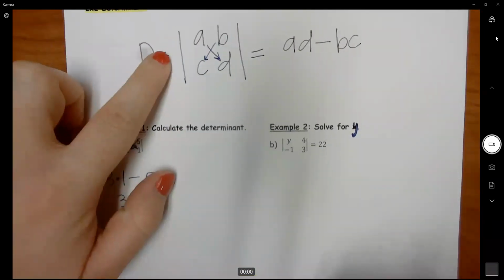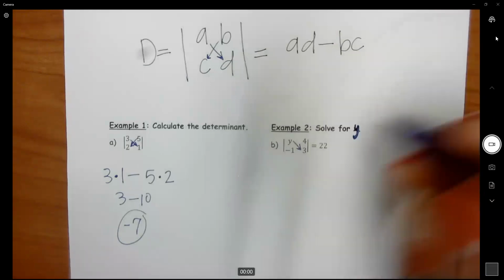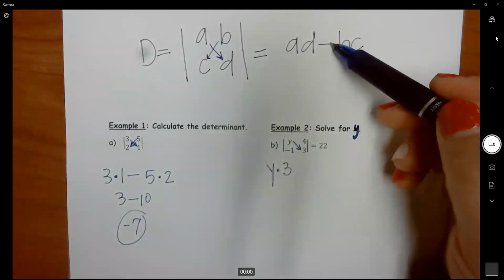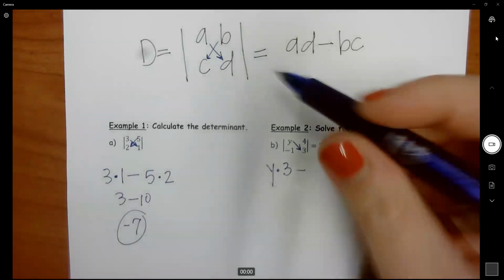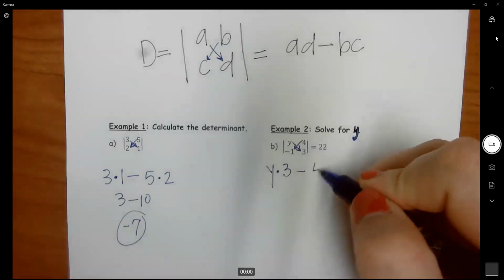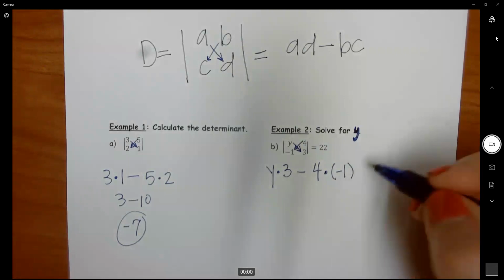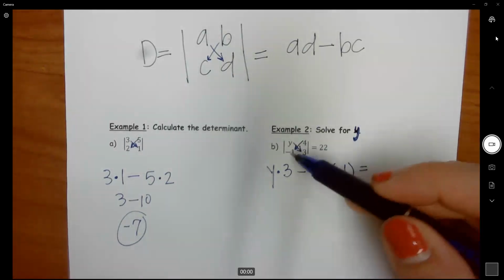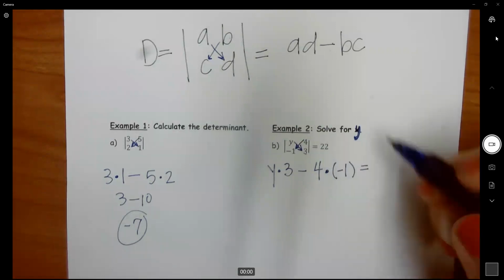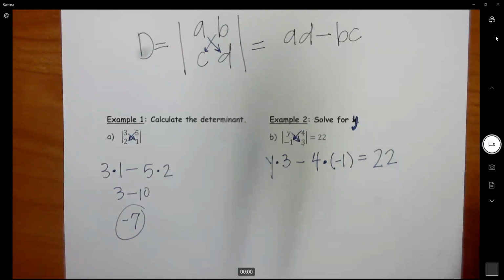So if I follow my formula here, we're doing A times D. So we have y times 3 minus from my formula, and then B times C, which is 4 times -1. And I know that when I multiply this, that the determinant here needs to equal 22. So this equals 22 here.